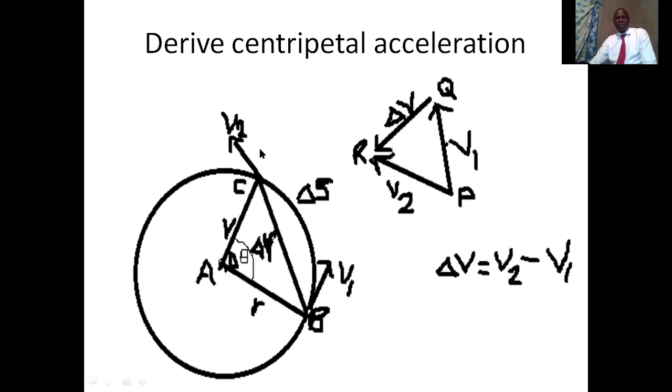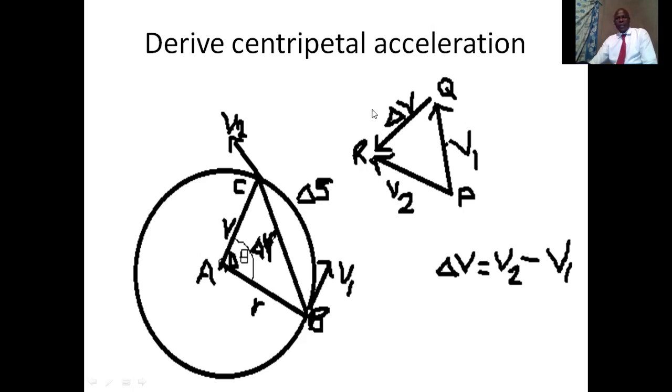Here it has a chord, which is the difference of the two, delta R. Then we have a tangential velocity V1 at B, and another tangential velocity at C, which is V2. And here we have a sector, which is delta S.